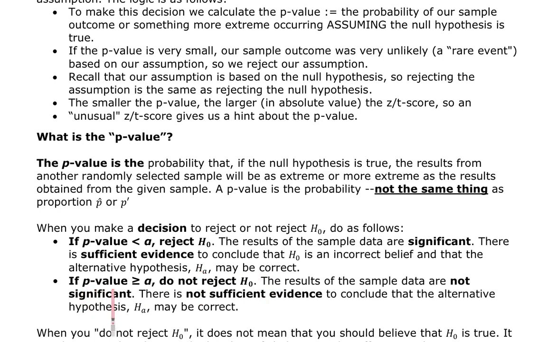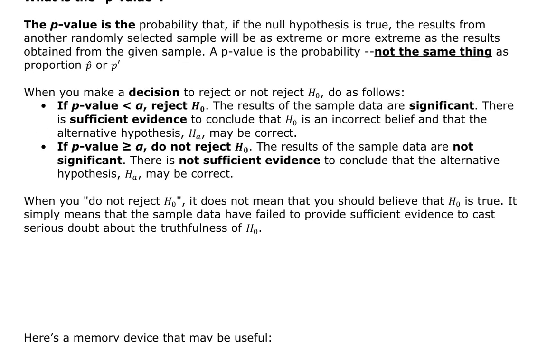If the p-value is greater than or equal to alpha, we do not reject the null hypothesis, we do not reject the status quo, and the sample data is not sufficient, so there is not sufficient evidence to conclude that the alternative hypothesis, the thing that we're hoping to prove, is correct.